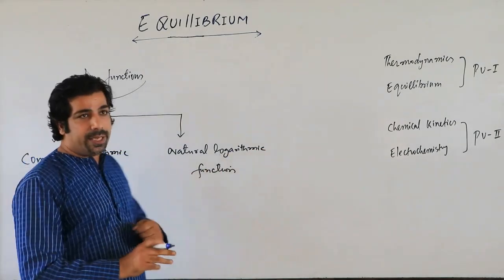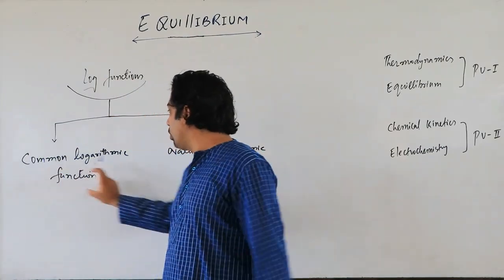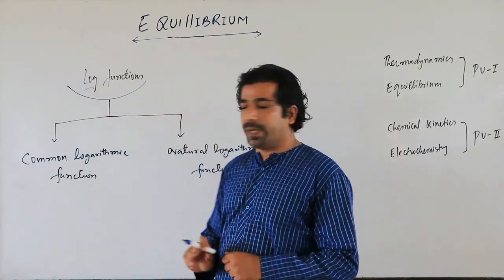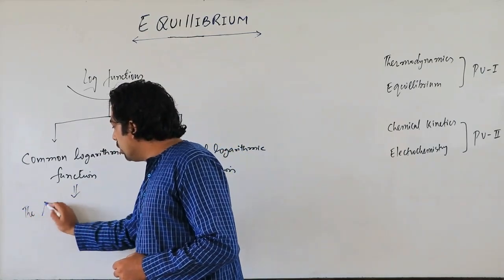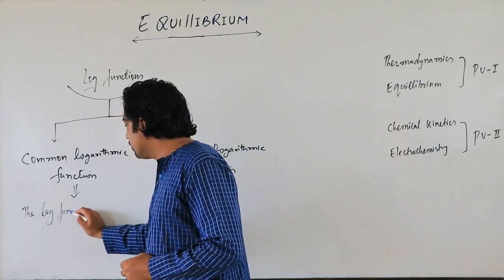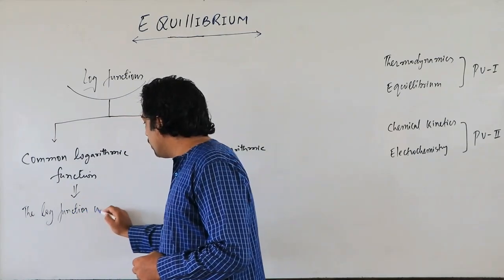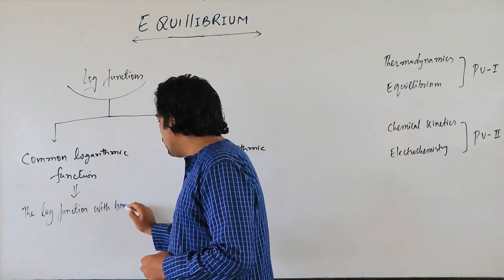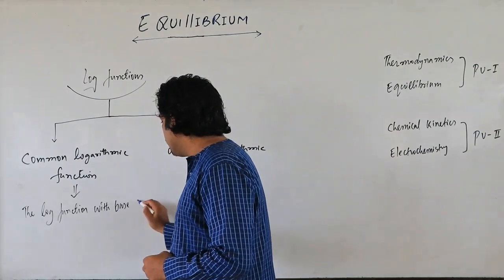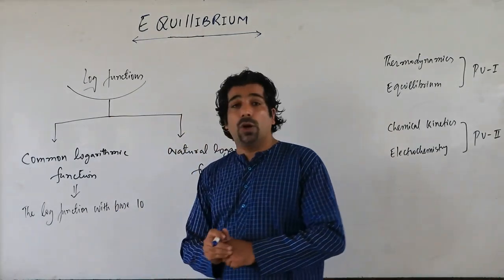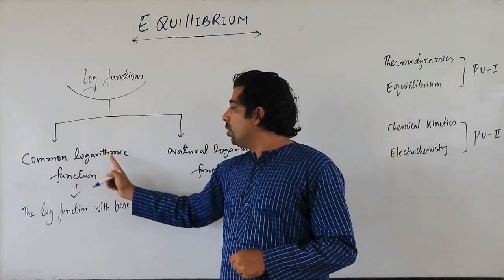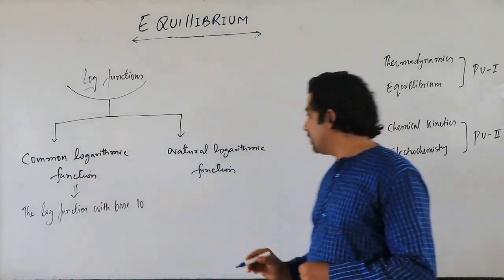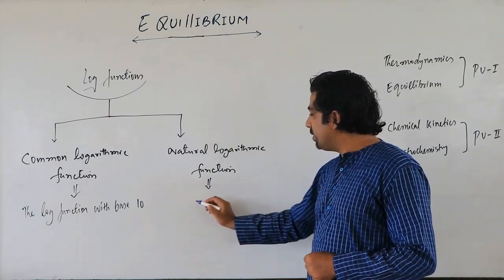So now you'll be thinking, what is this common logarithmic function, my dear friends? I want to tell you, the log function with base 10 is known as the common logarithmic function. And what is this, my dear friends?